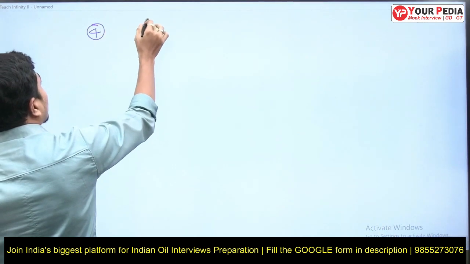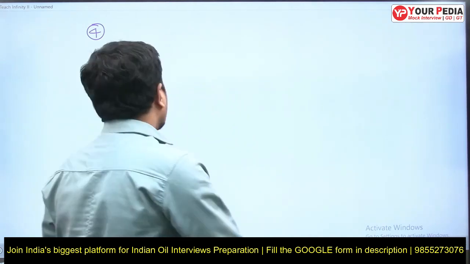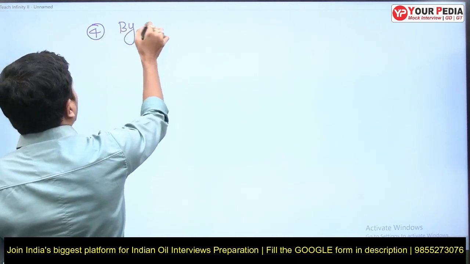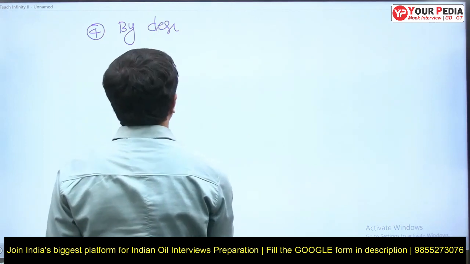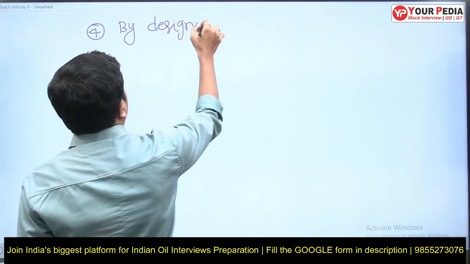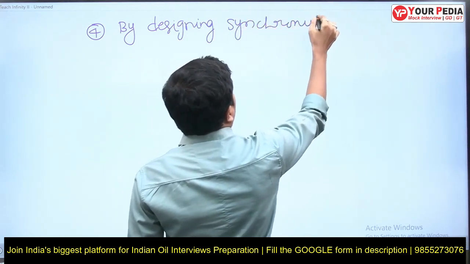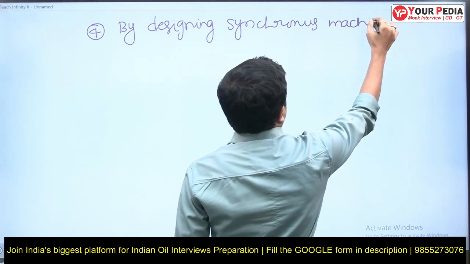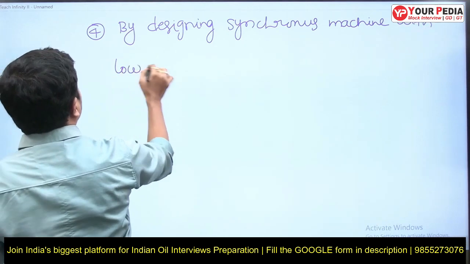If you decrease the distance between the stator and rotor, meaning the air gap between stator and rotor decreases, then leakage reactance will decrease. Therefore, the total reactance will decrease. By designing a synchronous machine with low reactance.